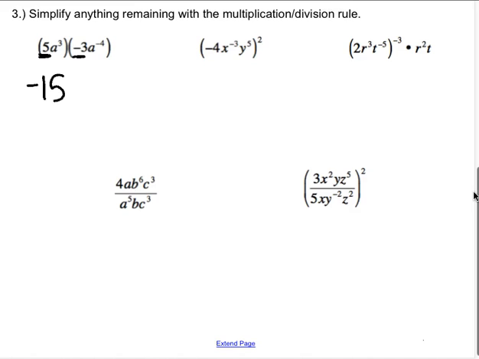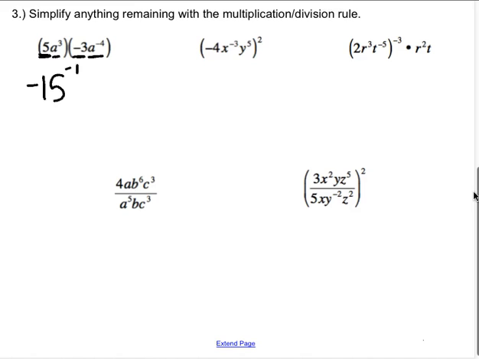Then I focus on the exponents. Now I have a to the 3 and a to the negative 4. When you're multiplying things with like bases, you add the exponents. So 3 plus negative 4 gives me an exponent of negative 1.